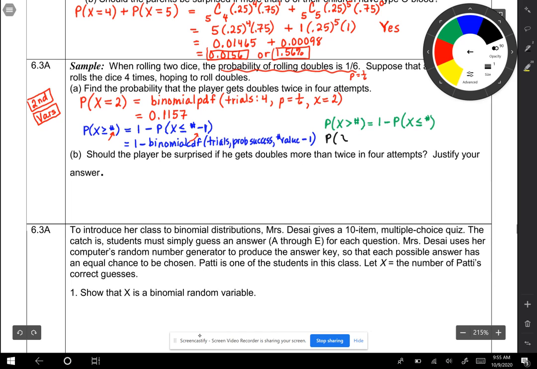And then lastly, if you have probability x is less than a number, it'd be a binomial CDF. Oh, I didn't put that. Let's just put that you know to use binomial CDF.